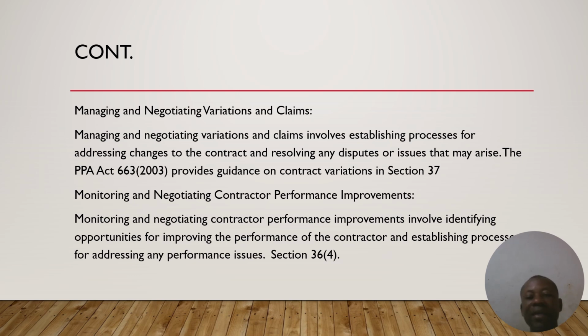And if there are any negotiations that we have done, and variations and claims, we, the procurement officers, have to follow the process to the letter to make sure that whatever variation we have made and whatever payment we need to make to the contractors, we do it.